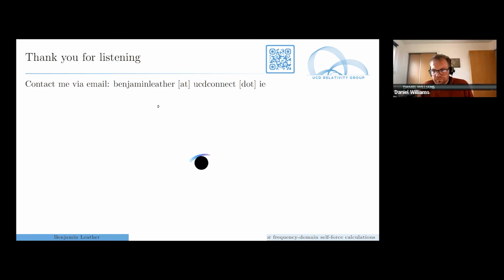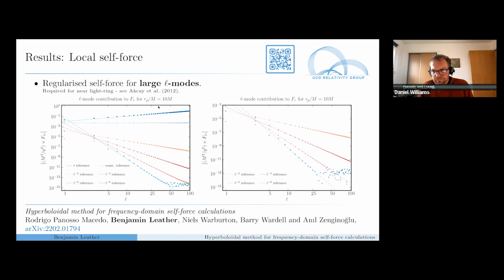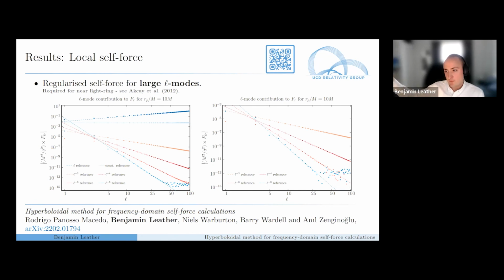So the improvement for L modes is less important than the improvement for large radius orbits, for example. But if you try and take a model like this towards the light ring, what you see here is, for a normal kind of radius orbit around 10M, this nice mode behavior asymptotically for large L, out towards L equals 100.